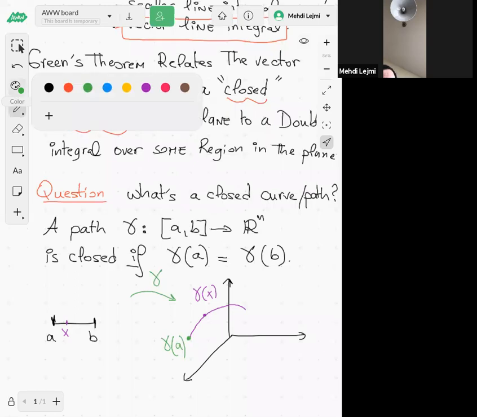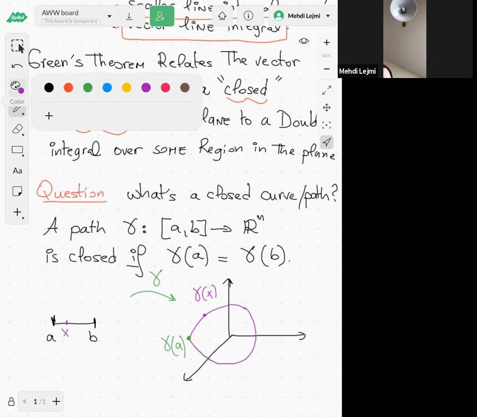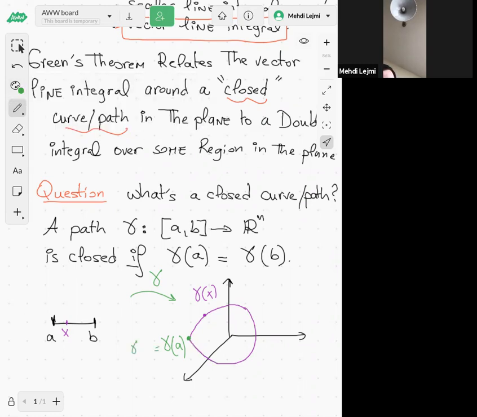So my curve would come back to gamma of a, because gamma of a is equal to gamma of b. This is my a, here's my b, and gamma of a and gamma of b are just the same point. That's what I call a closed curve. It's just that the images of the endpoints of my interval coincide. So it's closed.